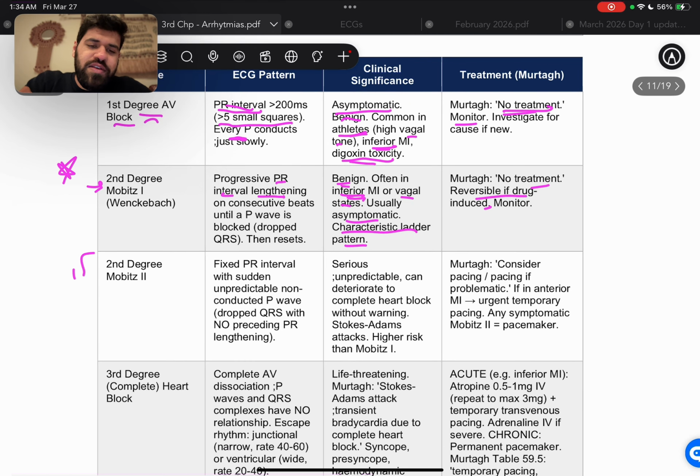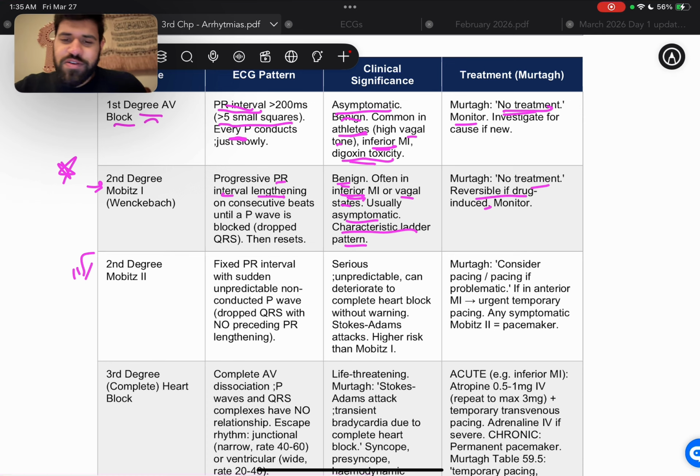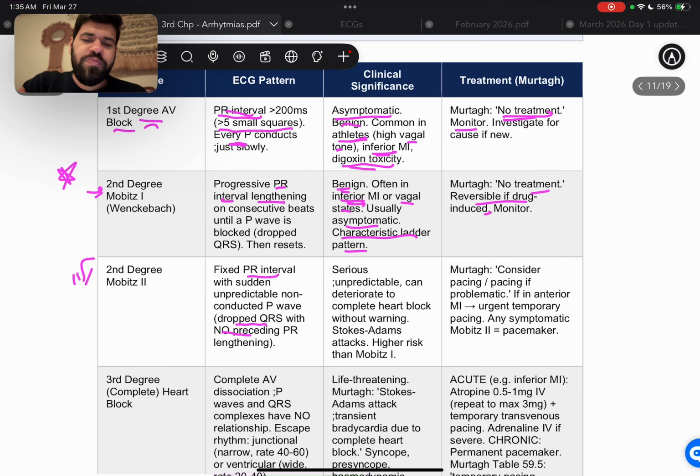This is where the topic starts getting more juicy, I would say, because there's a lot of treatment for this. So second degree Mobitz type 2 is a fixed PR interval and then a suddenly unpredictable drop. So a dropped QRS with no preceding PR lengthening. This is serious because it's unpredictable and can deteriorate to complete heart block without warning.